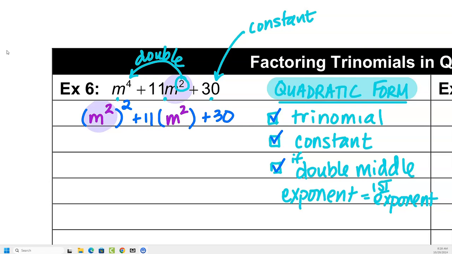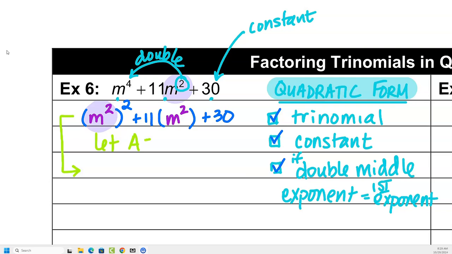Yeah? Okay, so this is what I'm going to do now. I'm going to use this really cool substitution technique. I'm going to pick any letter I want. I'm going to actually use capital A, because when I use a capital letter, it reminds me that I'm using a substitution technique, so that I need to put it back to the original. I'm going to rewrite the line in terms of A instead of m.